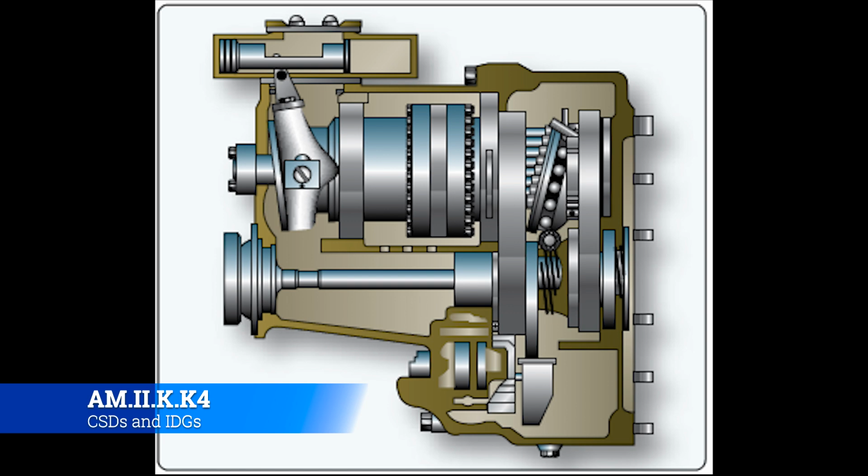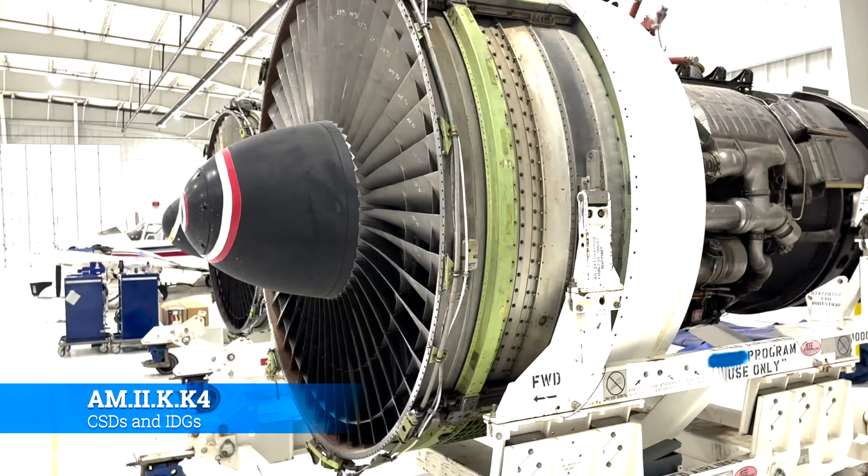We know that the alternator will produce 400 hertz AC if it spins at a very certain RPM. So the gearing inside of the IDG or the CSD basically ensures that whatever the power setting, as long as the engine is running, we're going to spin the alternator at the right speed to produce that 400 hertz AC, high quality, high grade power for the electronics that we're going to be taking care of.